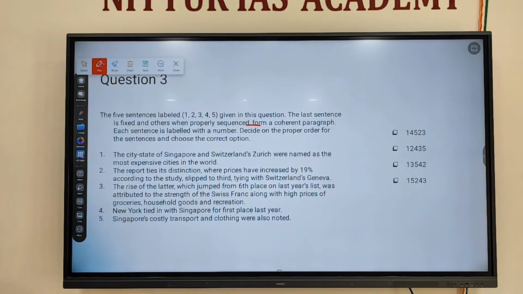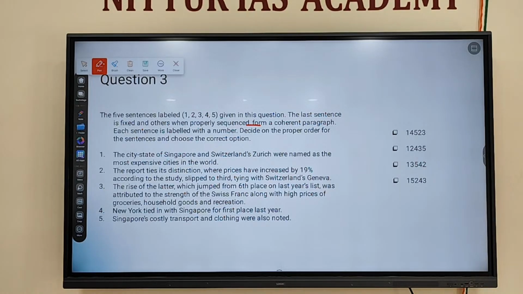this one. The city-state of Singapore and Switzerland's Zurich were named as the most expensive cities in the world. The report ties this distinction where prices have increased by 19% according to the study, slipped to third, tying with Switzerland's Geneva.